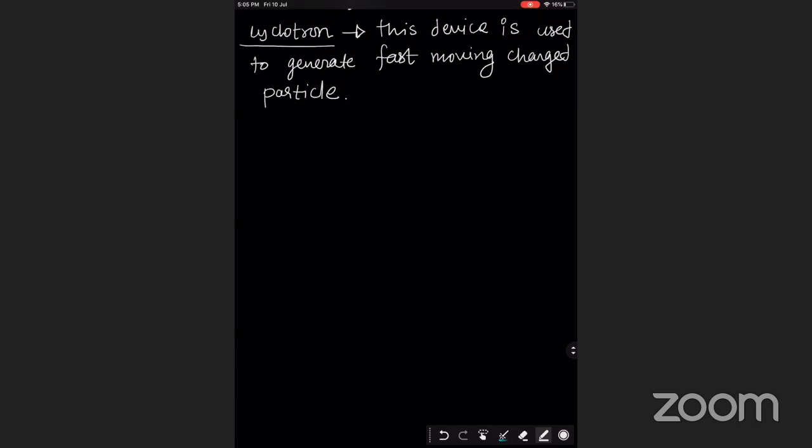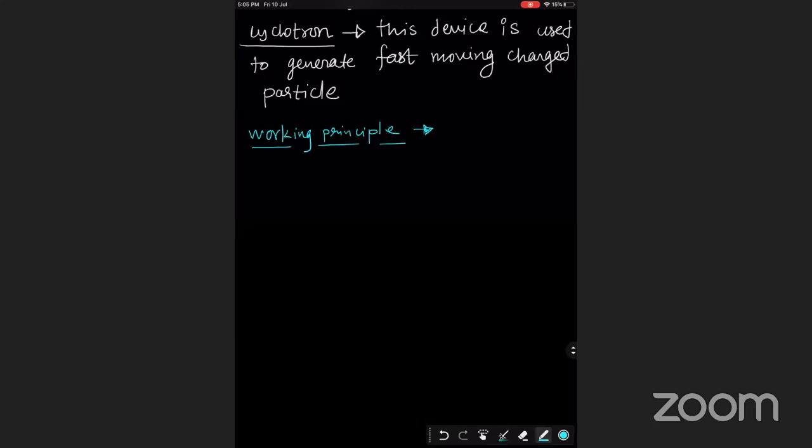Working concept, working principle. See how it works.